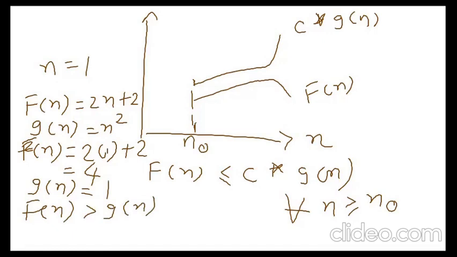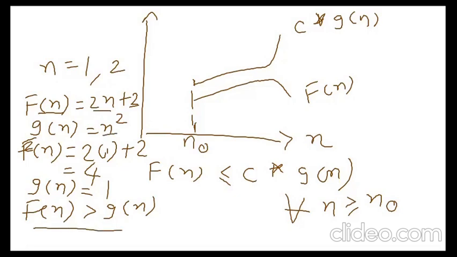But we have to prove f of n is less than or equal to c star g of n. I have to take such a constant that g of n becomes larger. If I take n equal to 2, f of n is 2 into 2, 4, plus 2, which is 6, and g of n, 2 squared, is 4. Again in this case f of n is greater than g of n.